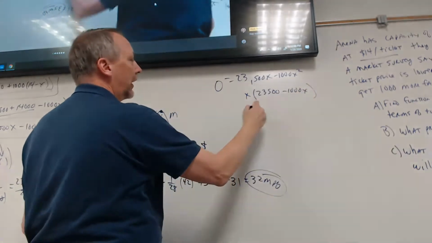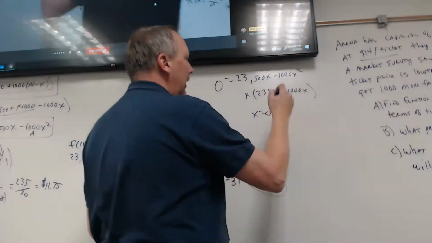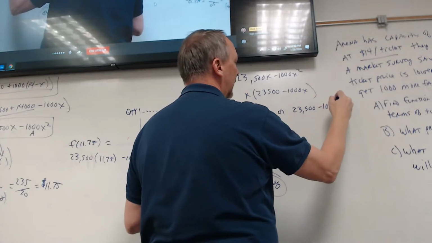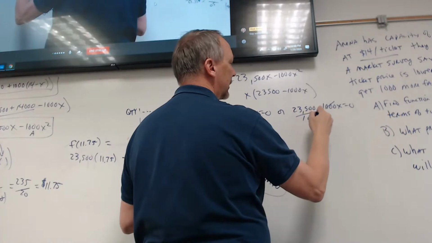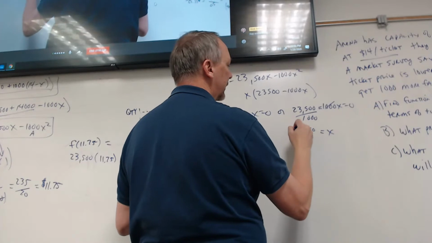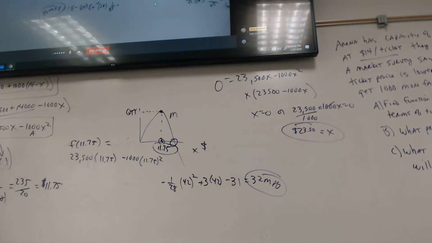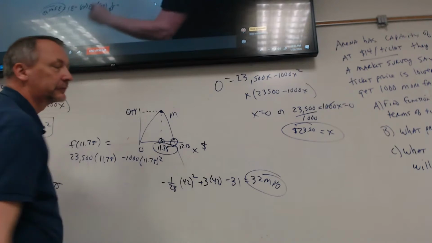So either x is 0, like I said, if you don't charge anything, you're not going to get anything, or 23,500 minus 1,000 x equals 0. Switch that to the other side, divide by 1,000. x equals $23.50. So if you raise it so high, nobody's going to come. So that's really the limits of your ticket prices, 0 to $23.50.